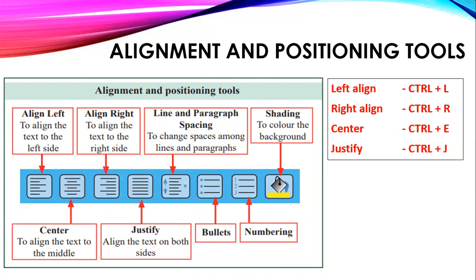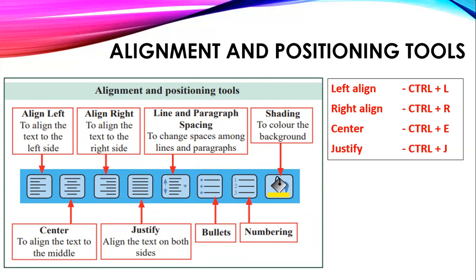Nothing to worry about. Why? They have balanced it perfectly. If you take your documents, they are very ugly. Why? It's not aligned, so not in the center. Those kinds of things can be done through our word processor. For that, we need to know these few tools.